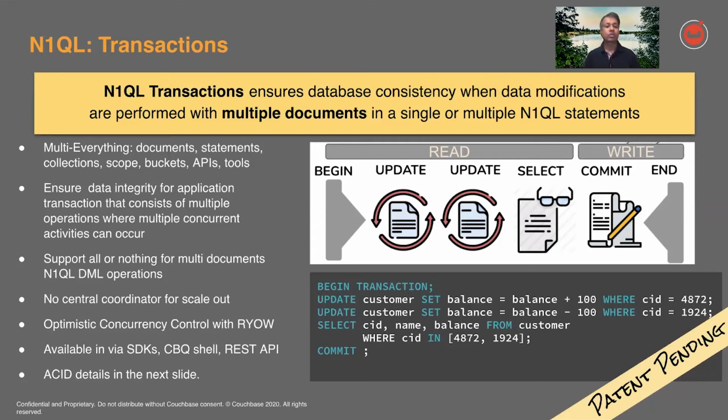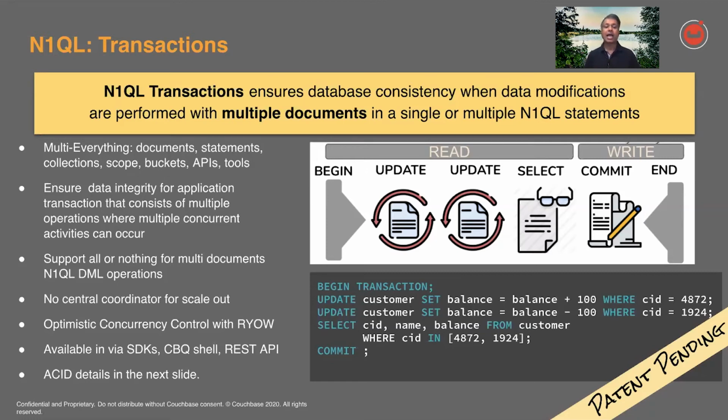We use optimistic concurrency, and also the design of this is such that there are no central coordinators. That means you can issue transactions on query nodes. There is no need to configure anything new to use transactions. It's available by SDKs, CBQ shell, REST API.